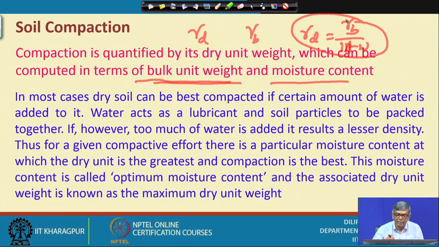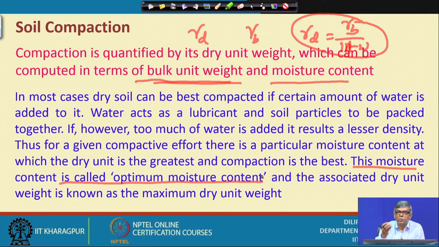Every soil will have particular characteristics: when the energy level is kept constant, for a particular soil we will get a particular maximum dry density and a corresponding moisture content at which it gives the maximum dry density. This moisture content is called the optimum moisture content.